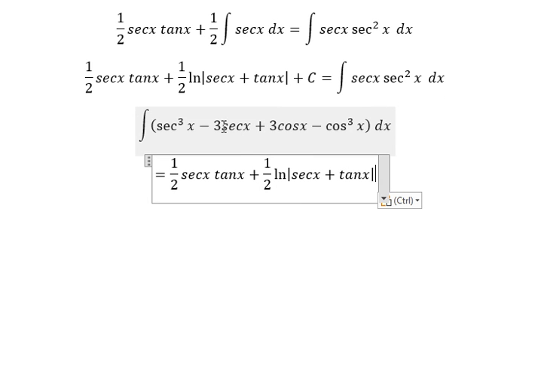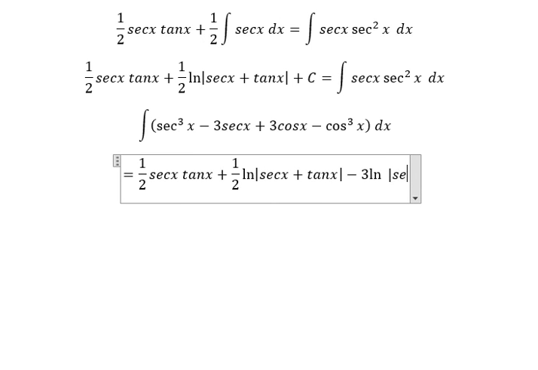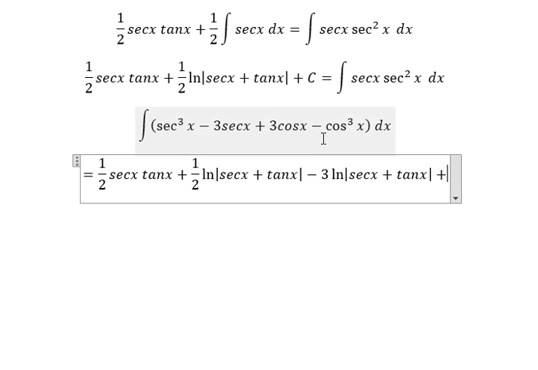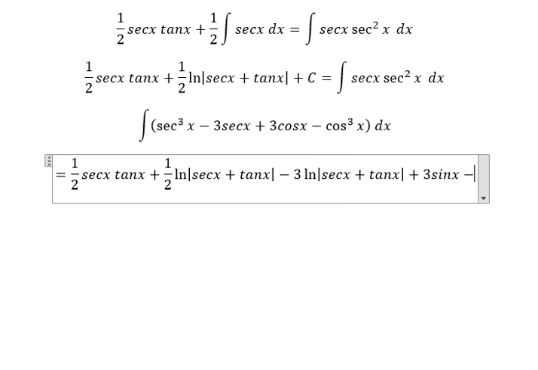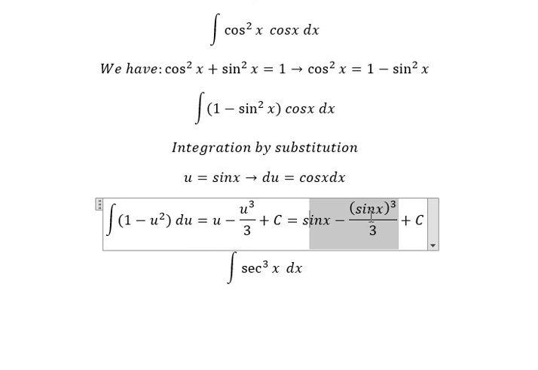The integration of secant of s, we have negative number 3 ln of the absolute value of secant of s plus tan s. The integration of cosine s, we have sine s. The integration of cosine s to the power of 3, that is about this one.